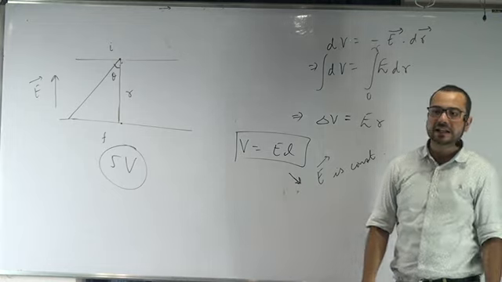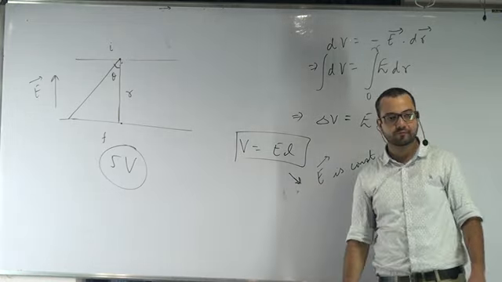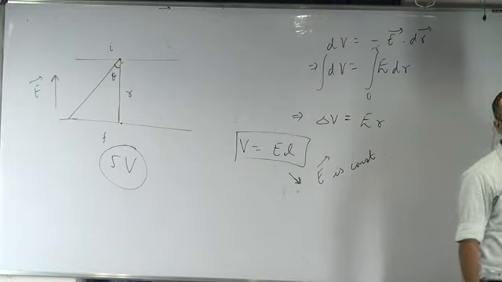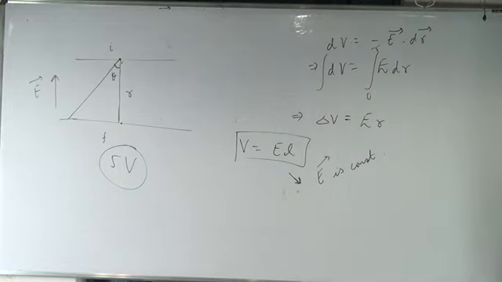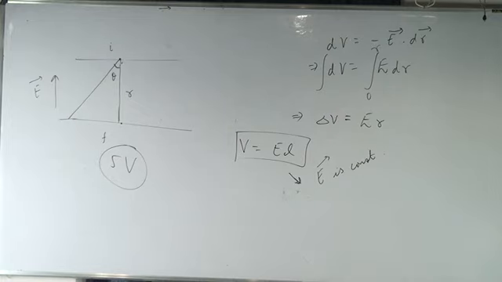It is descending at an angle theta. Now you tell me what will be the change in potential. Downwards, but at an angle theta with the vertical.